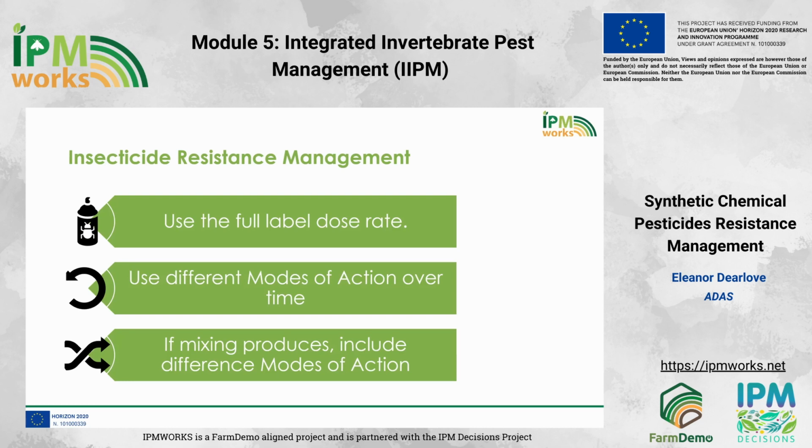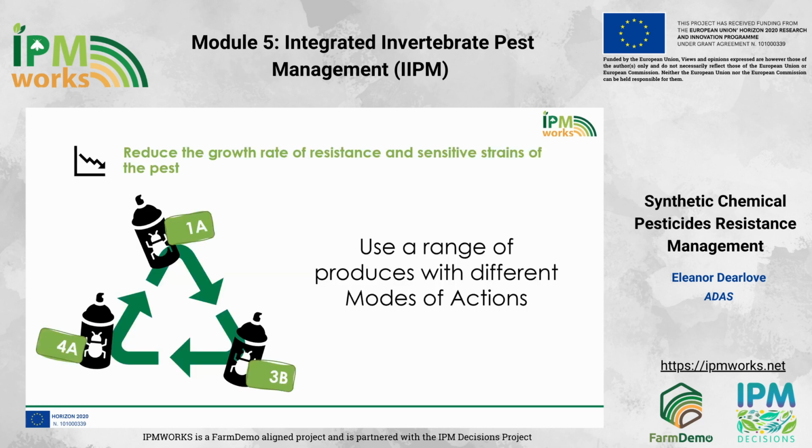Please note that this guidance may be different than that for fungicide or herbicide resistance management. Reliance on a single mode of action will greatly increase the chances of resistant strains becoming widespread and unmanageable in crops. Use of a range of different modes of action is needed, but it's not always possible as the range of available products is reducing.